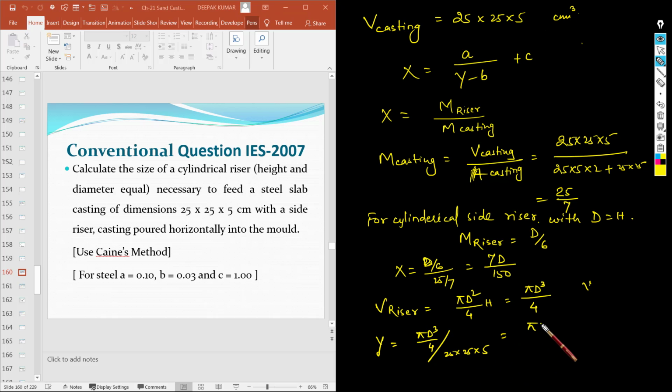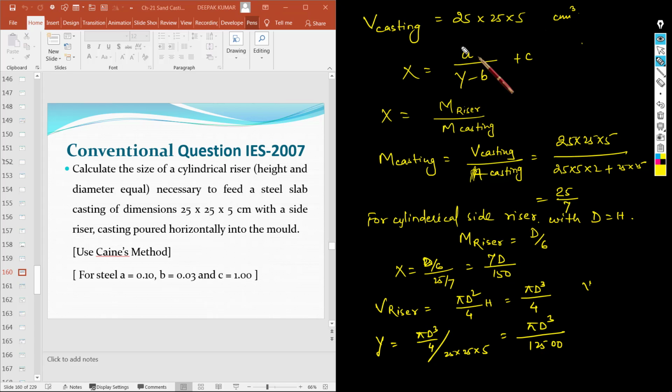How much is that? Pi d cube divided by 12500. Clear? So we got this x and y.